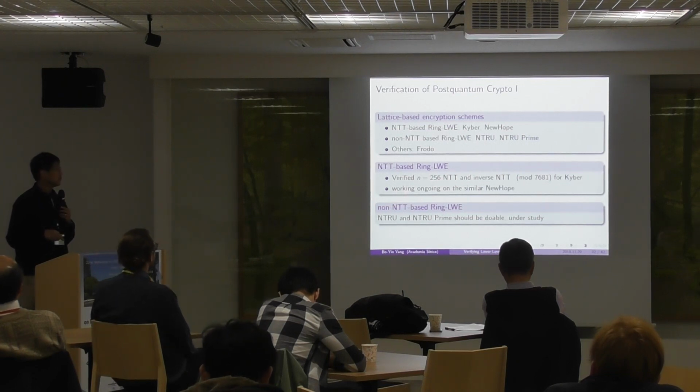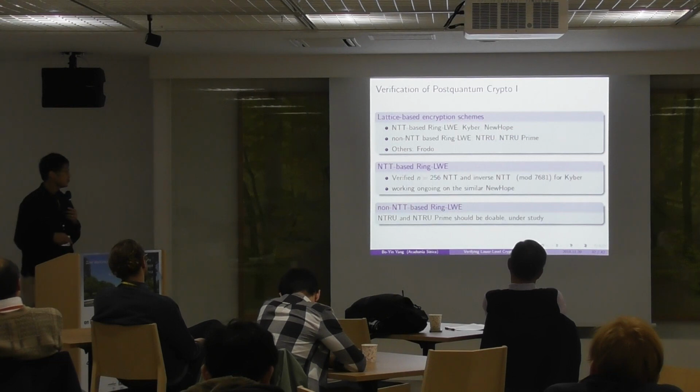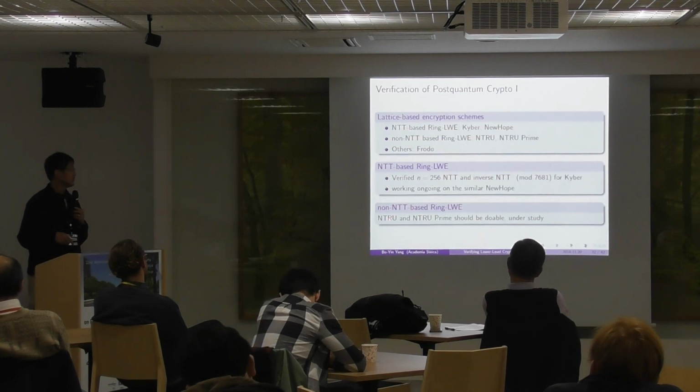And we are trying to extend the work to NewHope, which is very similar to Kyber. And we are also currently working on extending the result to NTRU and NTRU Prime, which are non-NTT-based ring LWE.